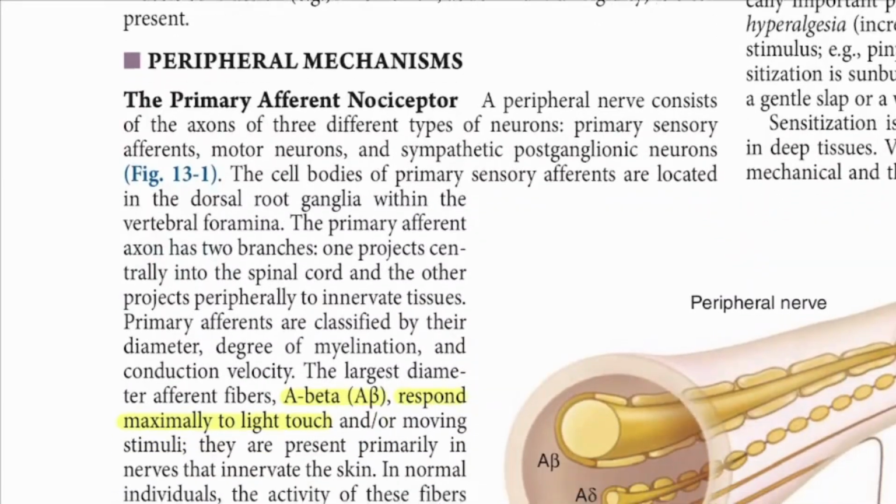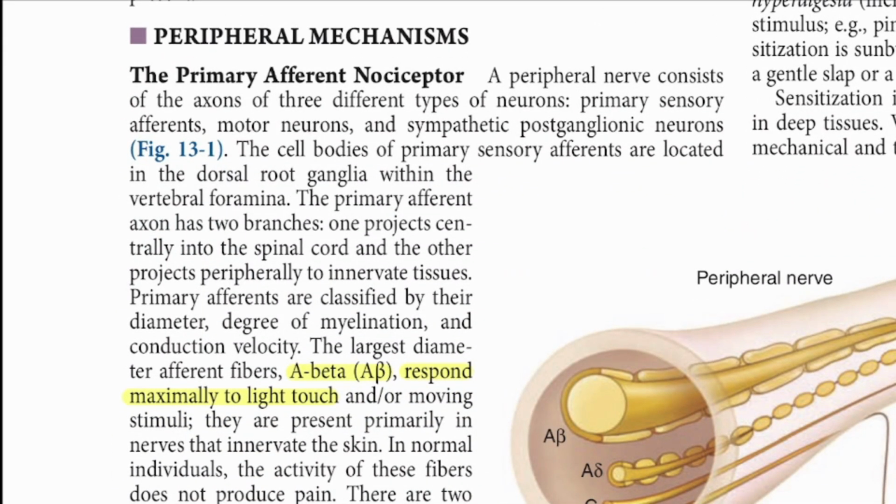First is the peripheral mechanisms, how the pain is generated. The primary afferent nociceptor. Nociceptor is the pain receptor. Pain is some stimulus which causes an unpleasant sensation. That is the stimulus that causes pain.